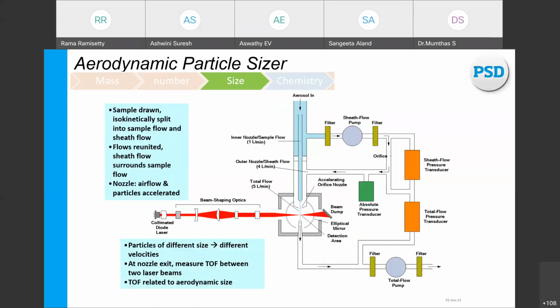For example, if you want to get more accurate data from atmospheric aerosols for air quality or any other applications, you have to go for an aerodynamic particle sizer, or if you want a rough estimation, then you can go for optical particle sizing, or if you want the smaller particles, then you have to go for the scanning mobility particle sizer. These are the three major types.